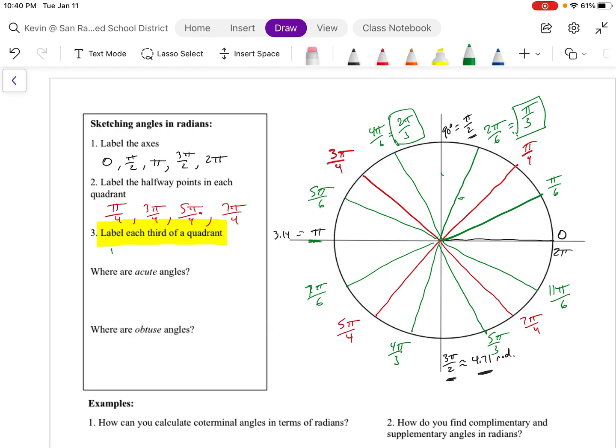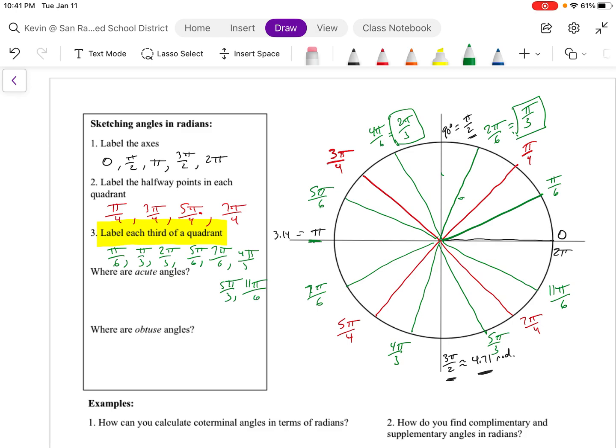Okay, so again, I'll just write that: pi over 6, pi over 3, 2 pi over 3, 5 pi over 6, 7 pi over 6, 4 pi over 3, 5 pi over 3, and lastly 11 pi over 6.